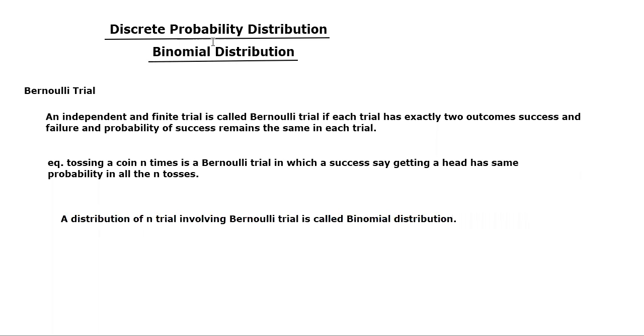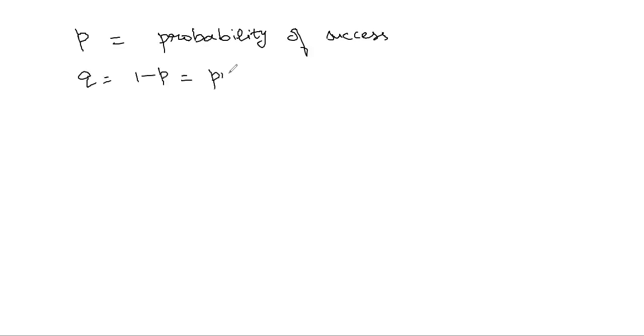Binomial distribution has two properties. The probability of success is defined as P and it is always constant for every trial. And then we can define Q, which equals 1 minus P, as the probability of failure in that experiment.